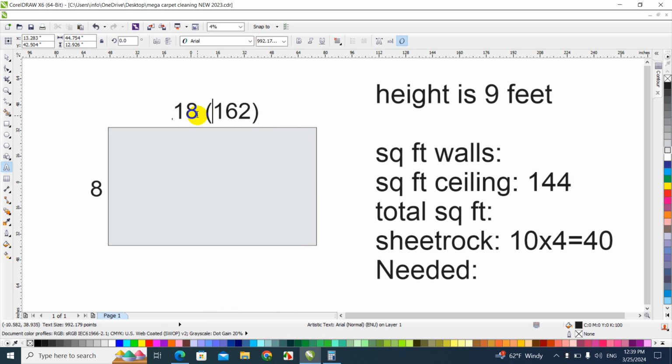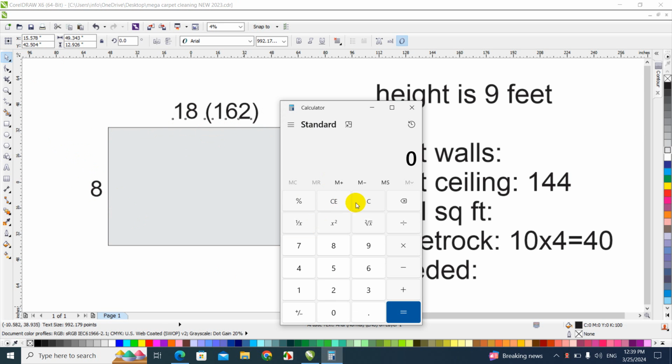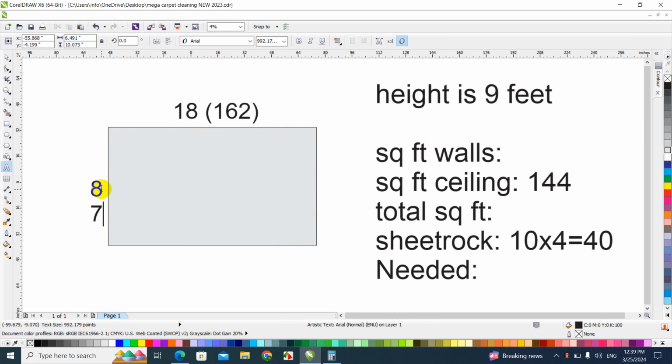So that is the square footage of just this wall right here, okay? And now we gotta get the one for down here. We're gonna do the same thing, multiply 8 times the height, which is 9, equals 72. So let's go down here and type that number.